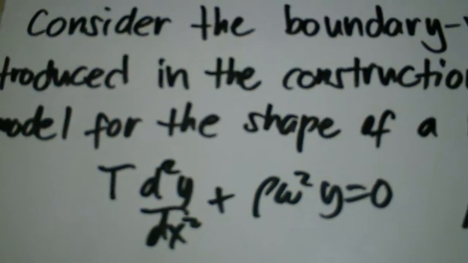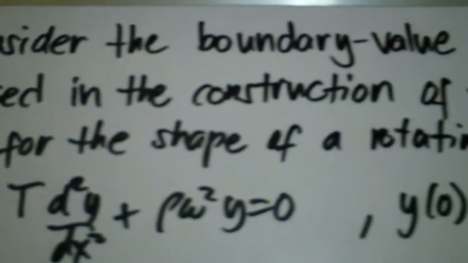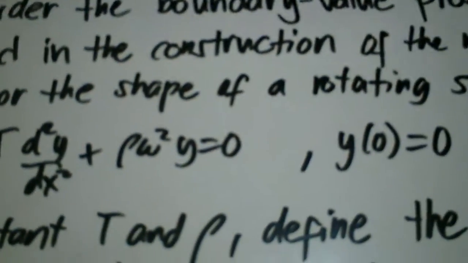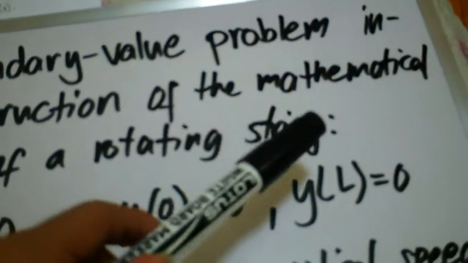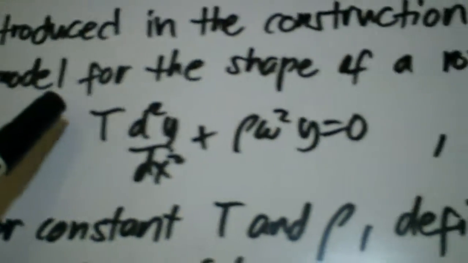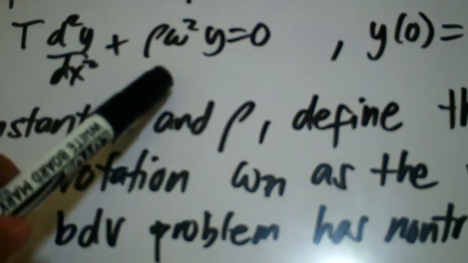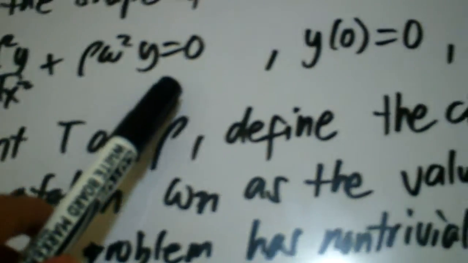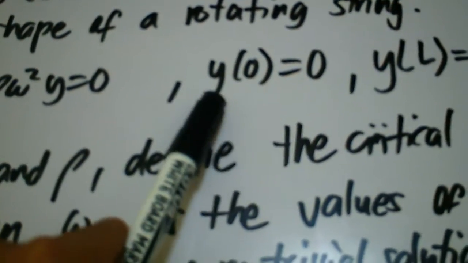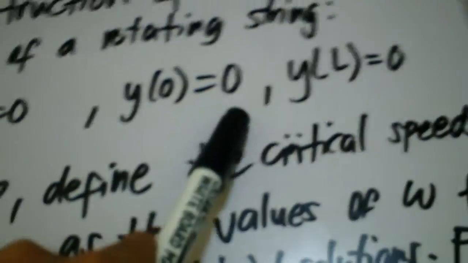So we have another problem. Consider the boundary value problem introduced in the construction of the mathematical model for the shape of a rotating string: d squared y over dx squared plus rho omega squared y equals 0, wherein y(0) equals 0 and y(L) equals 0.